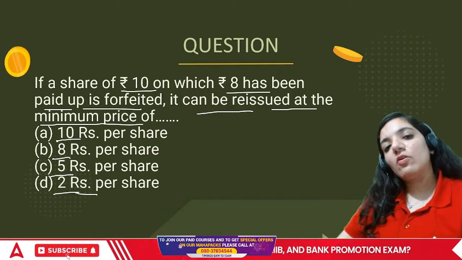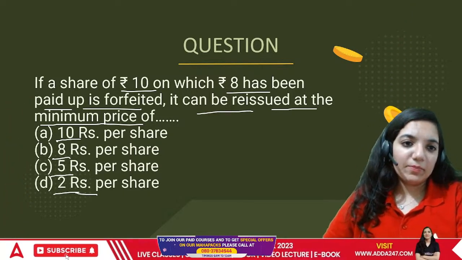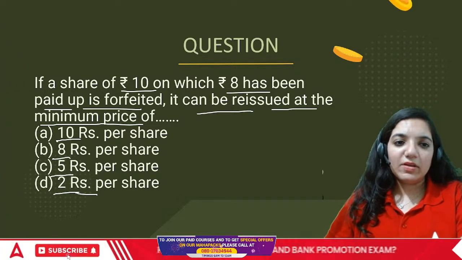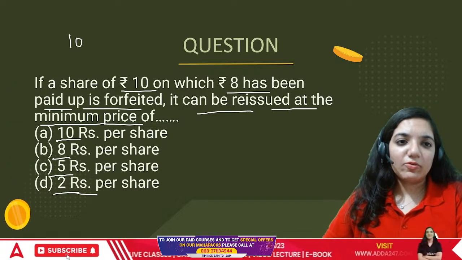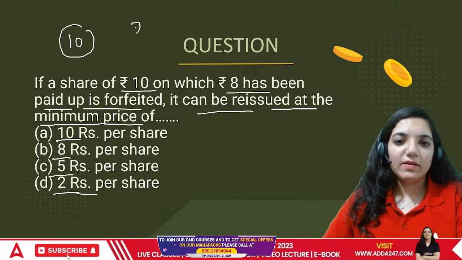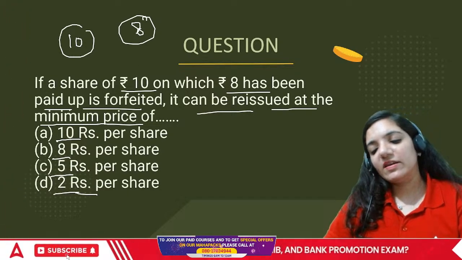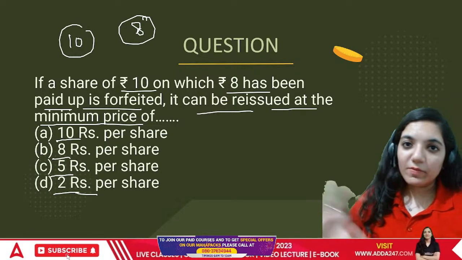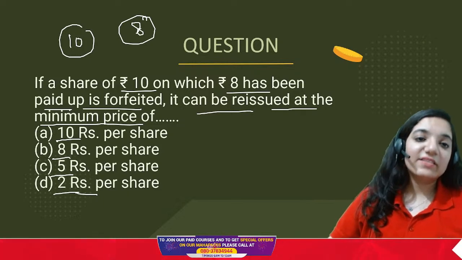See, the point is, the person was supposed to pay 10 rupees and he paid 8. After paying 8, he said, I cannot pay you further. If I want to issue, it should not be less than 10 rupees, because I told you the share cannot be issued at a price less than its face value.